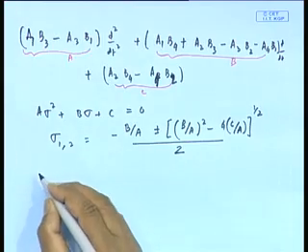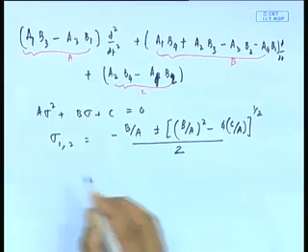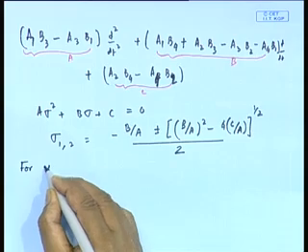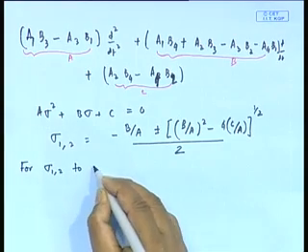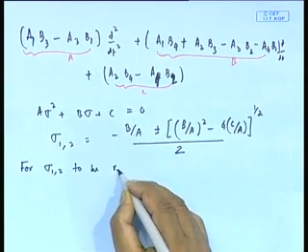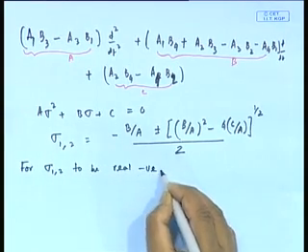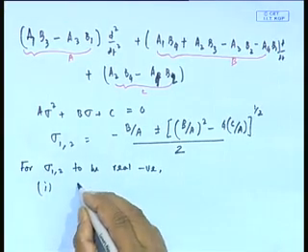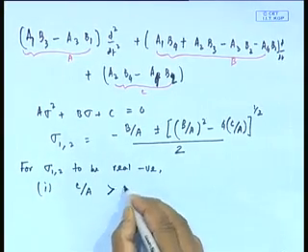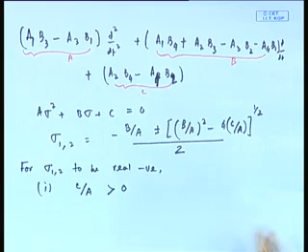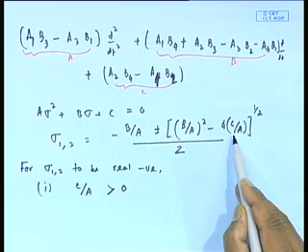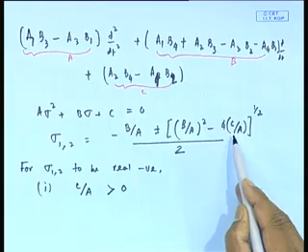You will find out that there are two conditions. Number one is C by A must be more than 0. Why? Because you see, suppose C by A was less than 0.